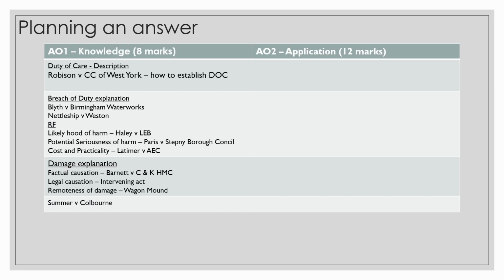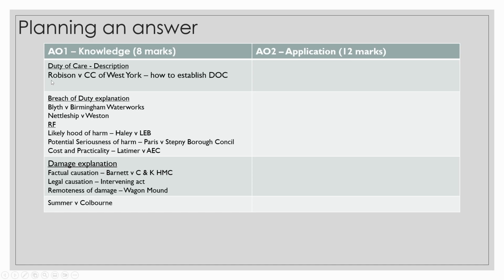You should have done enough past paper questions to memorize the AO1, and you should see a pattern beginning to form of which cases you repeatedly use, how you explain the legal principles and the introduction. I've had mine memorized, and I wrote that down as fast as I could in the exam. And the only way you can memorize it is by doing past paper questions. That's the best way to memorize it.